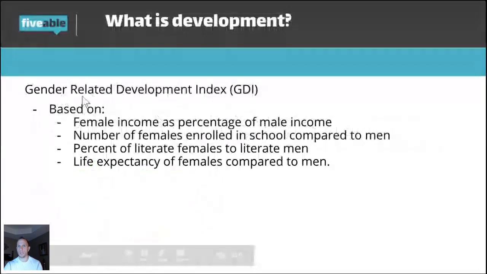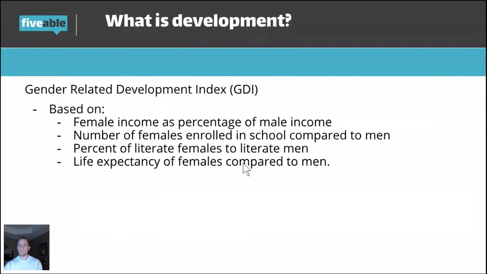All right, so the gender-related development index is you're taking the same things as the HDI, such as the amount of income, such as the amount of school that women are going to have. Remember, the HDI looked at the average years of school, and also the expected years. Well, in this case, you're also looking at the literacy rates of females compared to men, because in some of your more developing regions, a lot of women can't read.